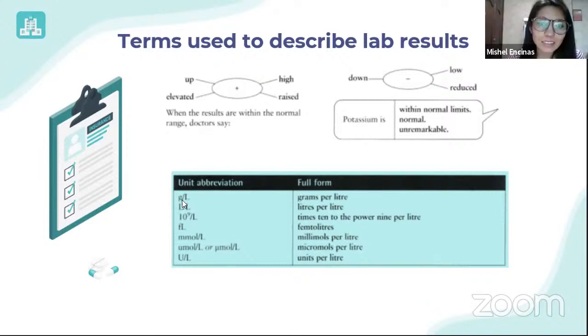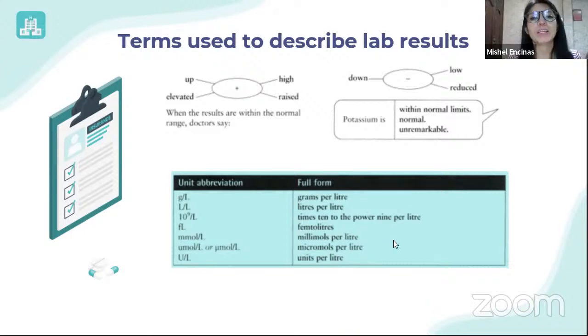Yes, it's okay. The unit abbreviation is G over L, right? Grams per liter. Liters per liter, times 10 to the power 9 per liter, femtoliters, millimoles per liter, micromoles per liter, units per liter.